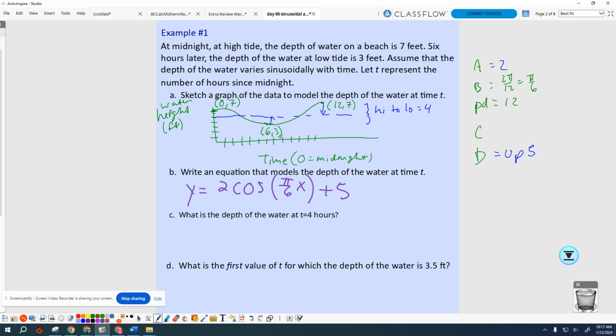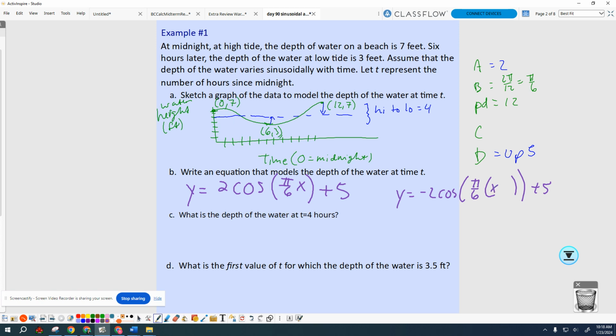Fernando, if I wanted a negative cosine, what would we have to do? All this stuff is the same, but I need a shift. You just gotta go right 6.